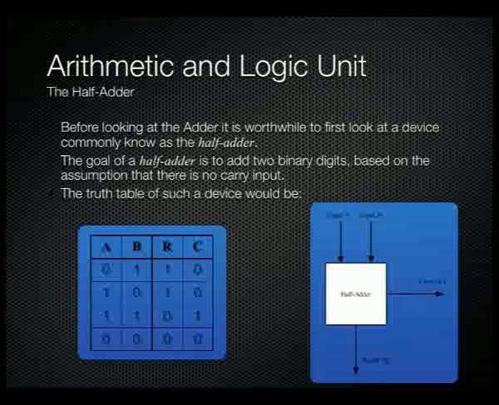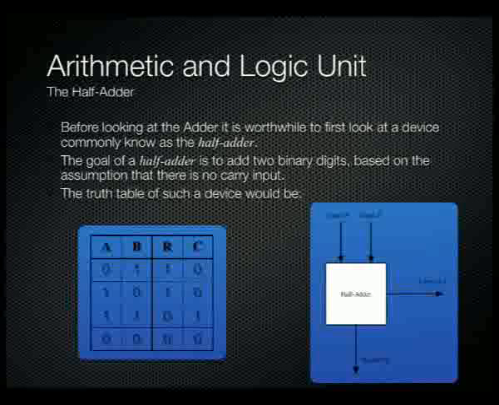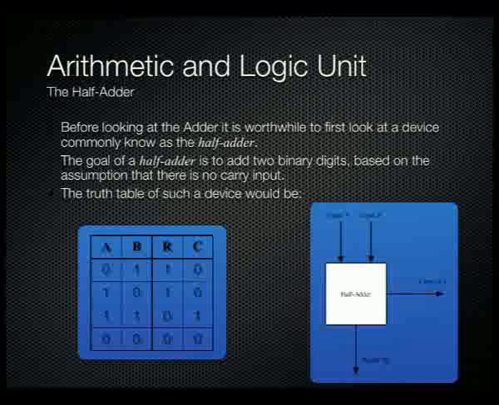In the case where A and B are both 1, we get 2, which means the result is 0 but the carry bit is 1, so we want to carry that bit on to the next stage. And if A and B are both 0, the result is 0 and the carry is 0. So the half adder is the most primary component of any adder.